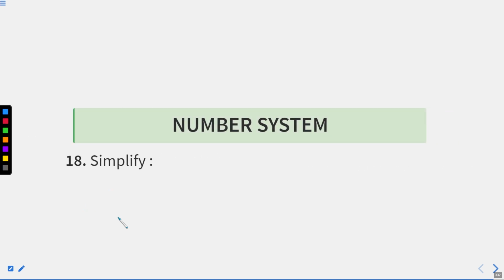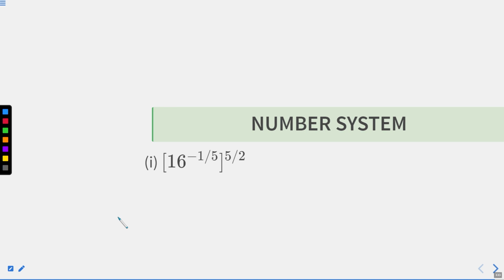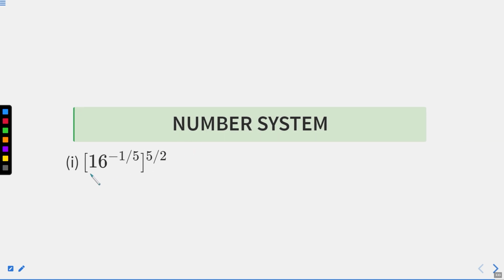Simplify. The next question is also for simplification. In the previous question there were variables x and y, but in this question it is just a number. Both questions are on the same pattern, so you can easily solve this also.